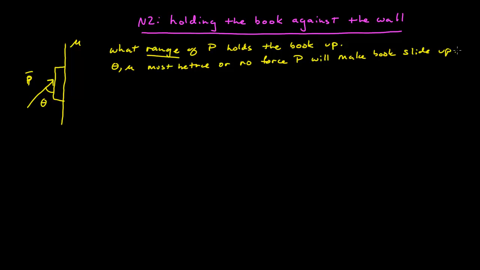So presumably there's some range of P that holds the book up, but under certain conditions there is no maximum value. So I want to find that as well.